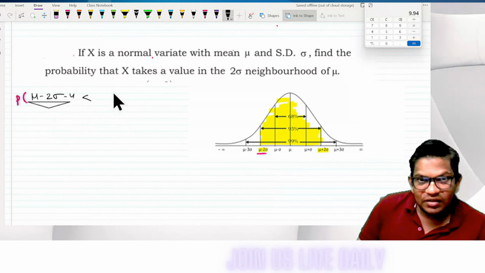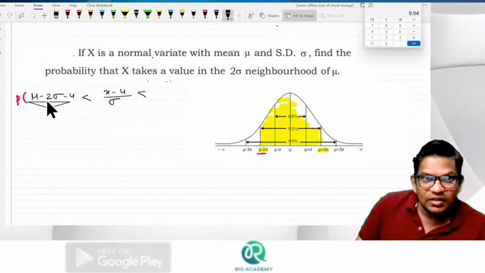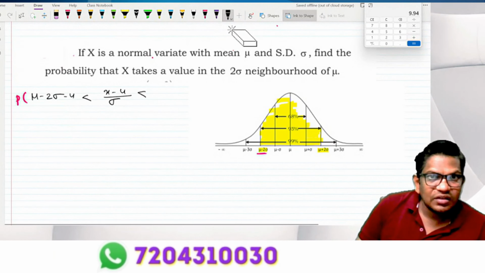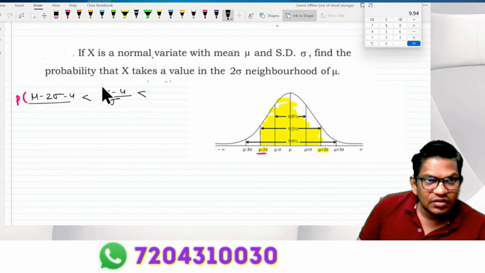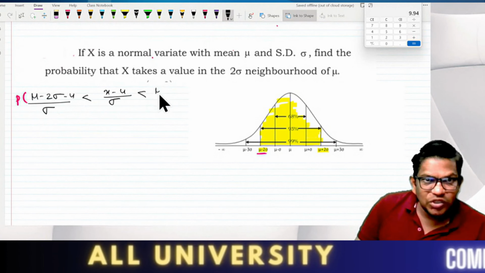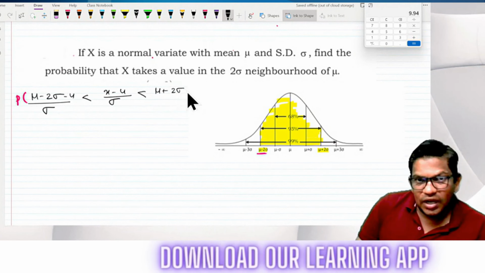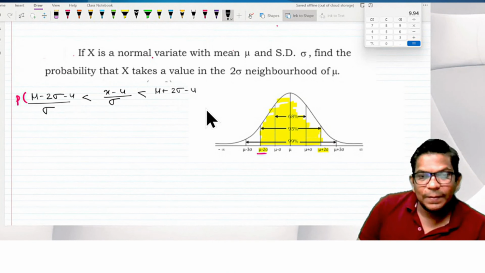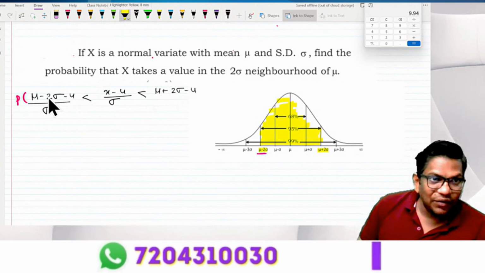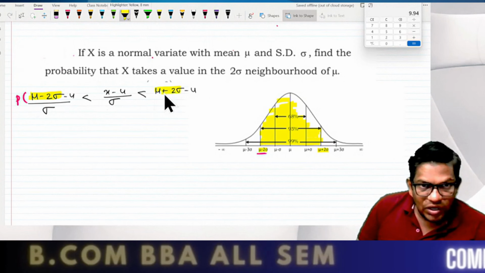Between means x minus mu divided by standard deviation, and the same value we get on the positive side, mu plus 2 standard deviation minus mu. Our x value is here, but our x value is this much.